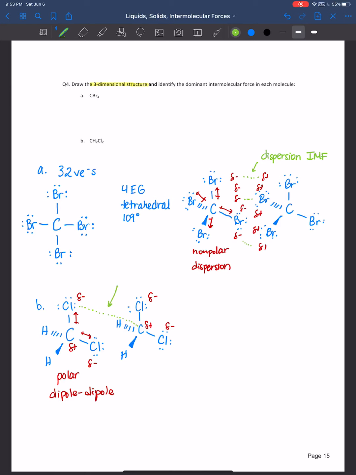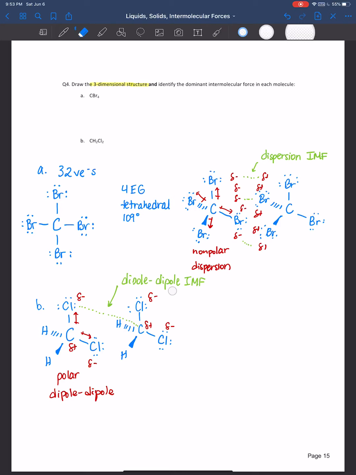So this is the dipole-dipole intermolecular force, always represented once again by a dot, dot, dot, dot, dot, because it's just an interaction. They interact and then they move on and interact with another molecule, right?